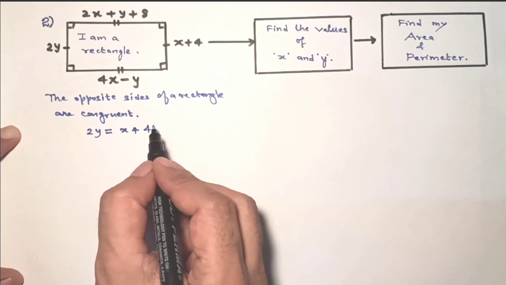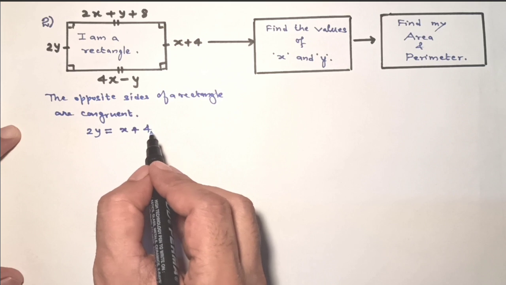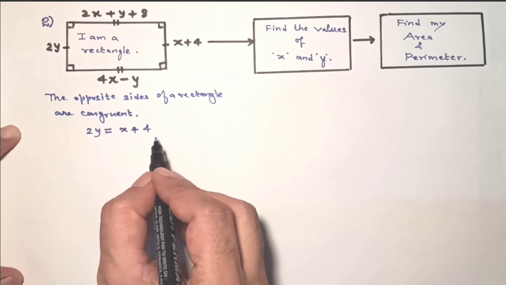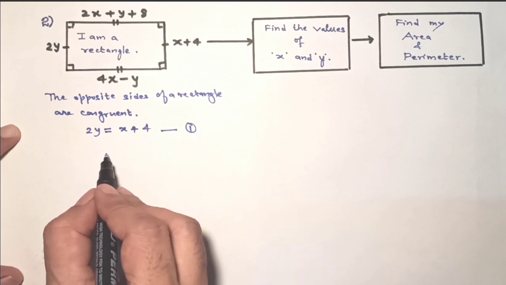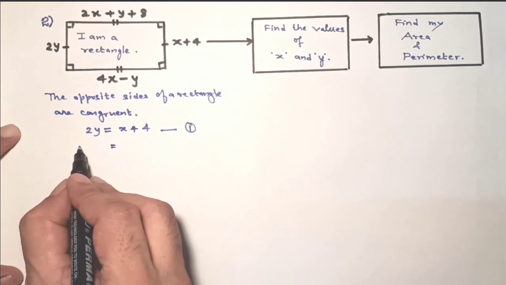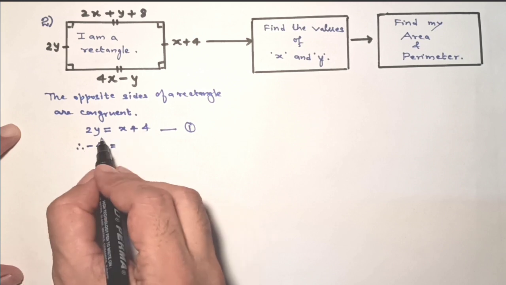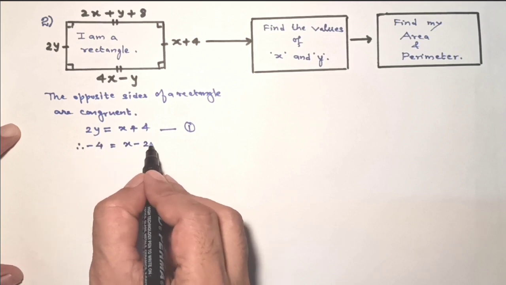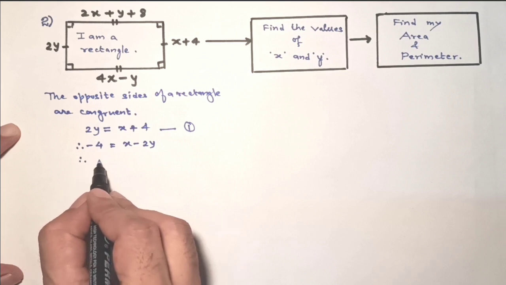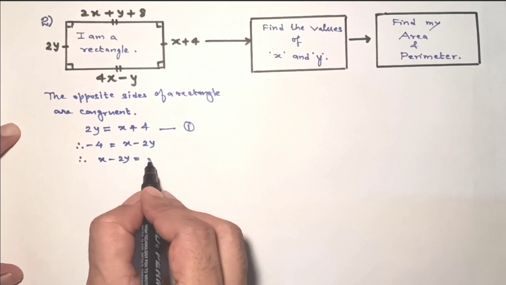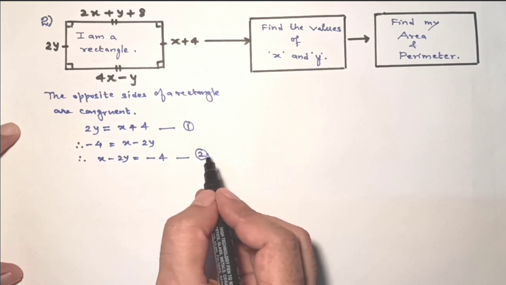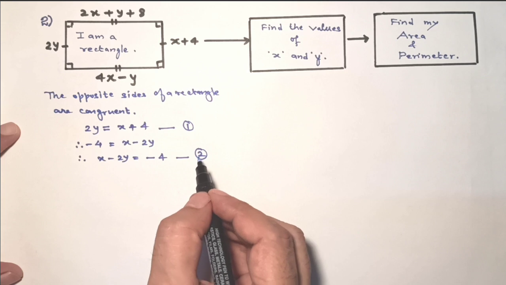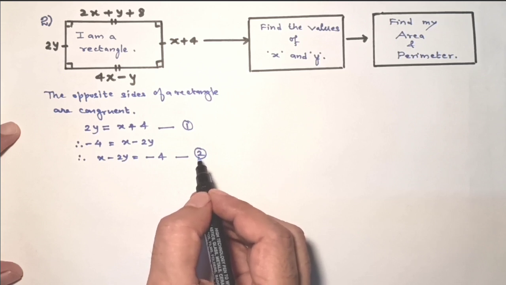This is your first condition. Now this is your first equation. When you solve this, you can write, therefore minus 4, you are taking this side, is x minus 2y. Therefore x minus 2y is equal to minus 4. Mark it. Second equation, which is the simplified equation.